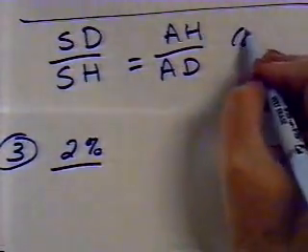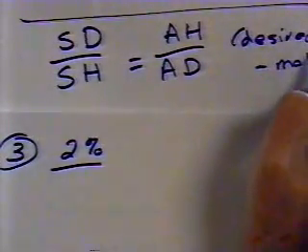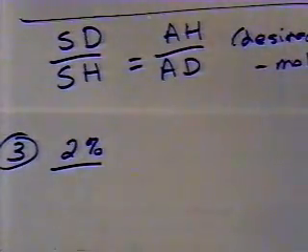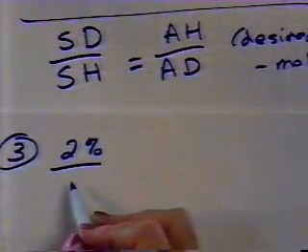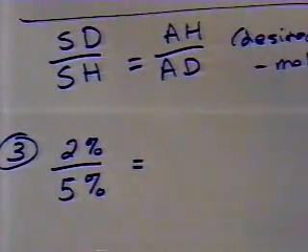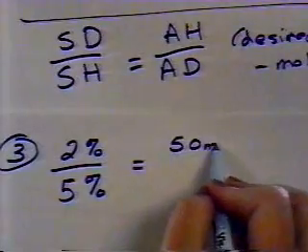The desired is what you want to make. Now, what's the strength on hand? It's the other percent, 5%. Now it's the amount on hand. How much do I have? 50 milliliters.